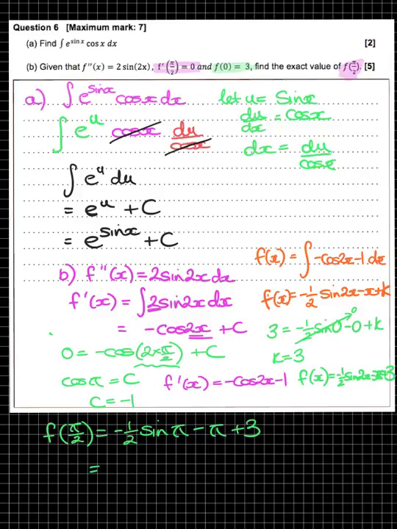Okay, so sine of pi is 0, so it's just the 3 and the minus pi. That's all we have left. Oh, I've made a mistake because x wasn't pi, x was pi on 2. Okay, so that's 3 minus pi on 2 is our final answer for what is f of pi on 2.